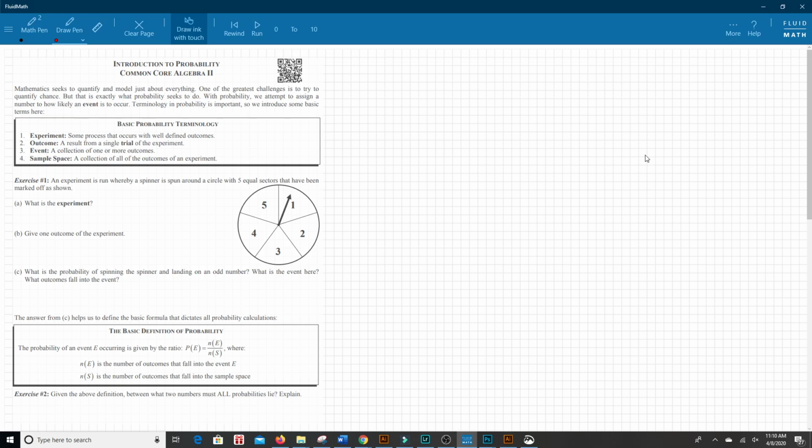You have an experiment, some process that occurs with well-defined outcomes. You have an outcome, a result from a single trial of an experiment, an event, a collection of one or more outcomes, and a sample space, a collection of all of the outcomes of an experiment.